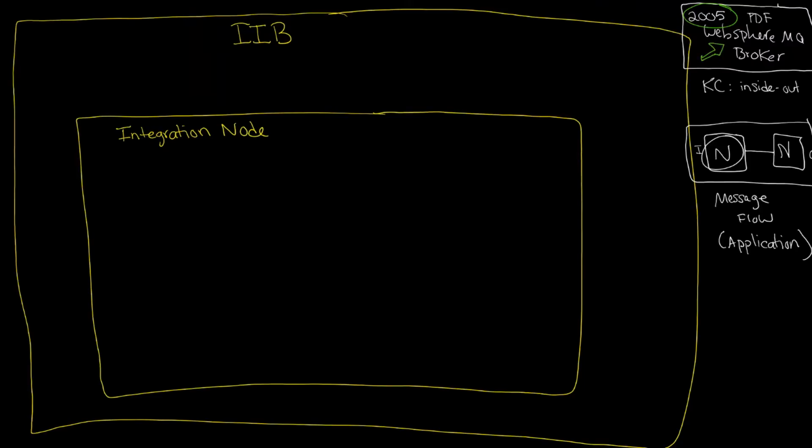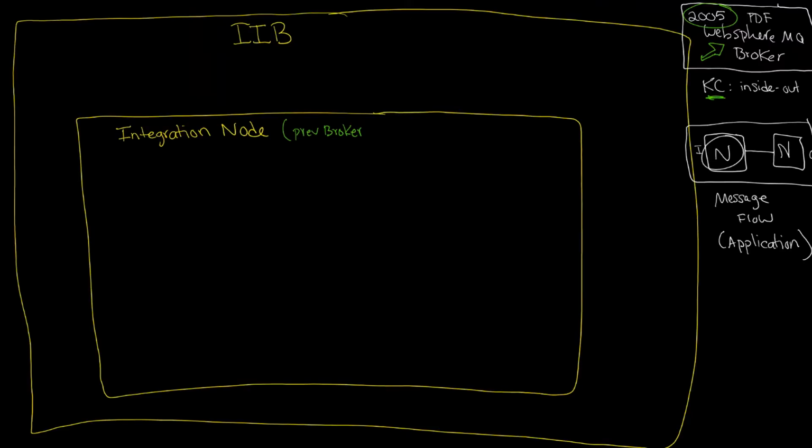So, for example, the integration node was formerly called the Broker. That's its previous name. And actually, in the current documentation, in the current KC, you'll see it's still called the Broker in many places. Really what it does is it is a set of execution processes that host and run message flows.